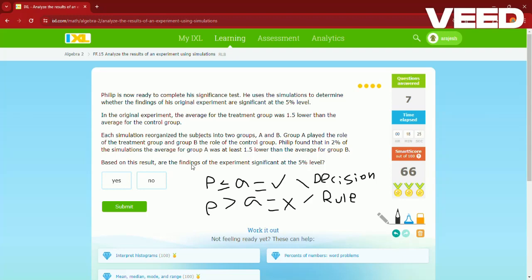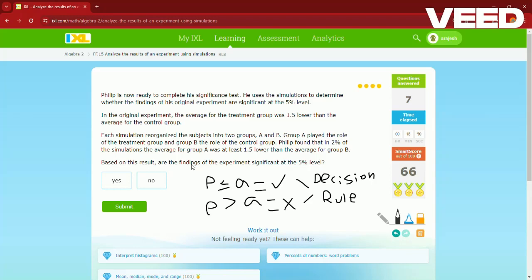Each simulation reorganized the subjects into two groups, A and B. Group A played the role of the treatment group, and Group B the role of the control group. Philip found that in 2% of the simulations the average for Group A was at least 1.5 lower than the average for Group B.